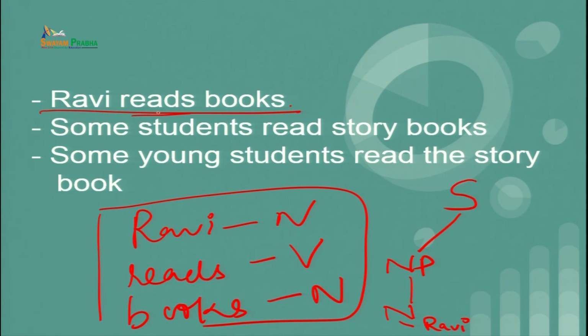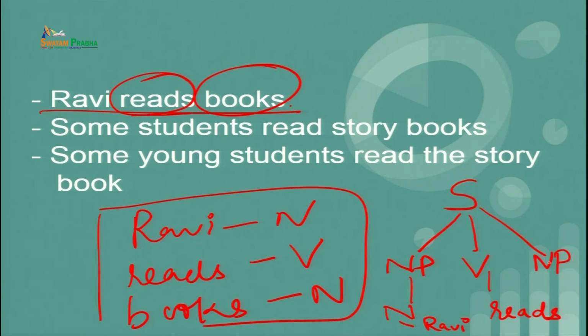Now think of this particular word reads. Reads to me, and I am sure to you, is an element of verb, and therefore I will say that reads can be put under the label of verb. Now come to the next word, which is books. To me, books is again a noun, right? So again it would be a noun phrase and it is composed of a noun.